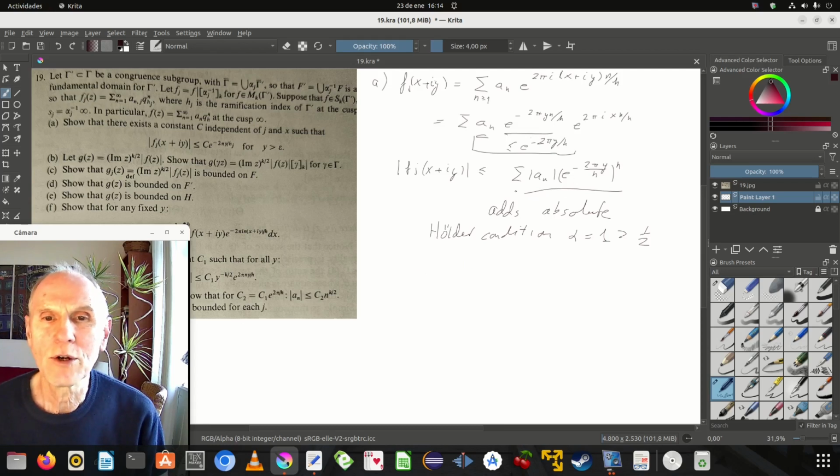It starts with n equals 1, so we can put 1 outside of the parenthesis.